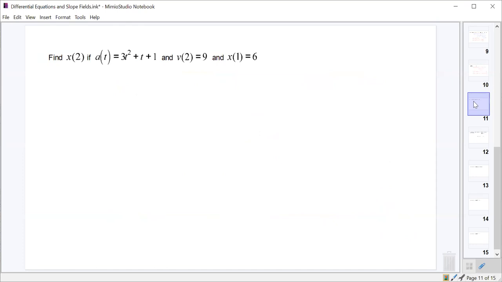So this one, which I'm going to let you work through on your own also, is asking you to go from acceleration all the way to position, while giving you a couple of pieces of information, one about velocity and one about position. So what do you think you're going to need to do with this one?